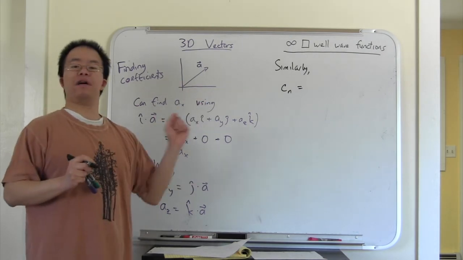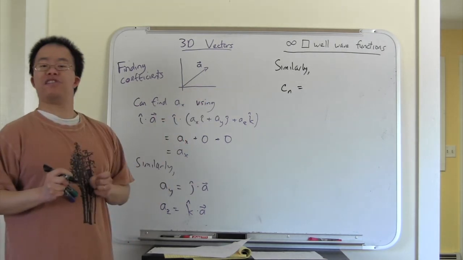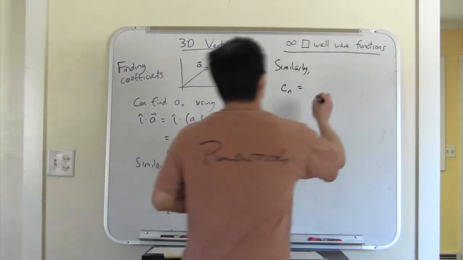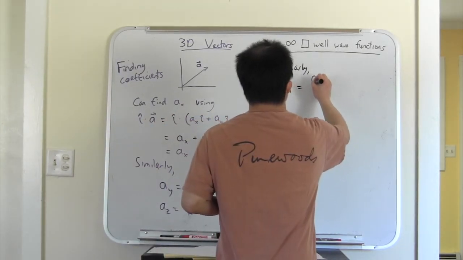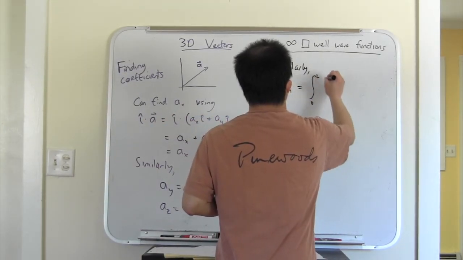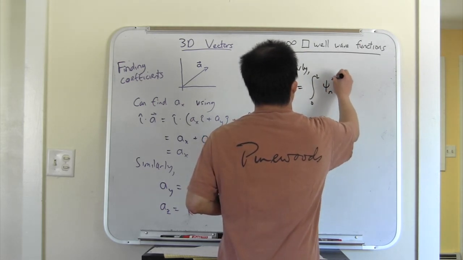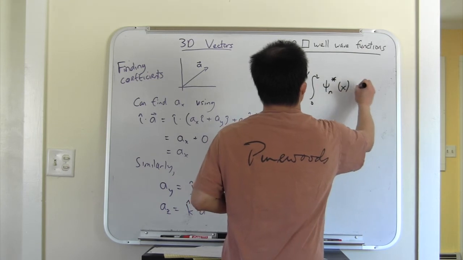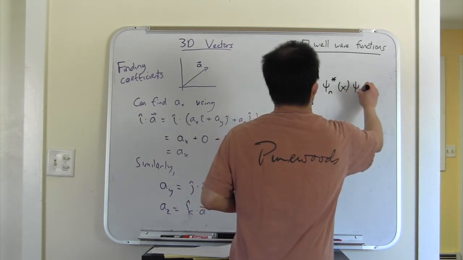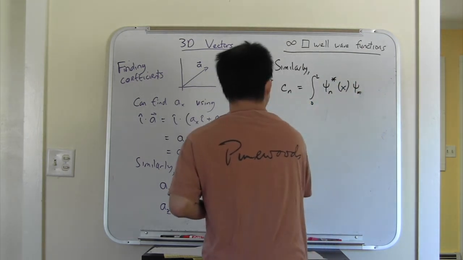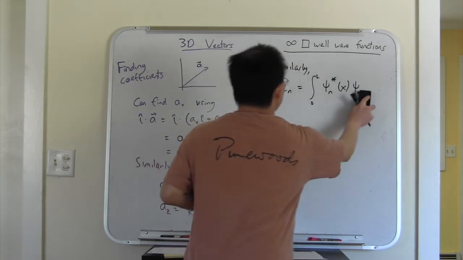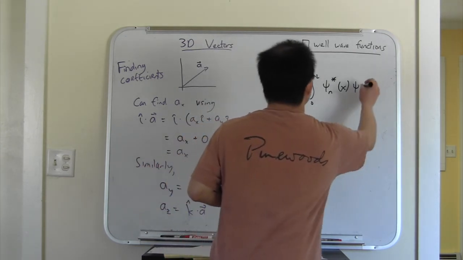Taking an inner product with a stationary state psi sub n. So it turns out to be the integral from 0 to L of psi_n star of x times psi of x. So this is my arbitrary wave function here.